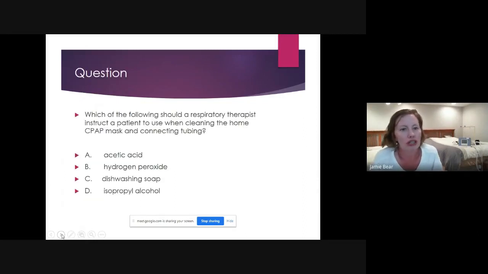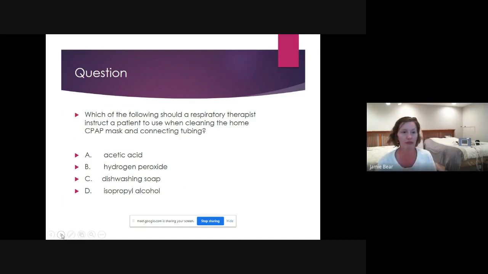Which of the following should a respiratory therapist instruct a patient to use when cleaning home CPAP mask and connecting tubing? I was a little bit confused, but the NBRC said on this one that dishwashing soap was the one that was indicated.